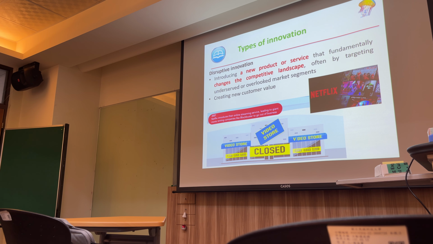But radical, apply new technology to serve the current market or the new market. But it should have the new technology aspect. It's radical innovation. Okay? So we have 4 P's. We have incremental and radical. So combined we have 8 types.